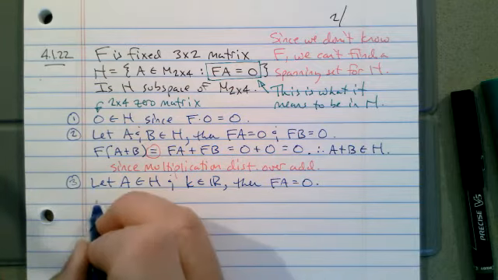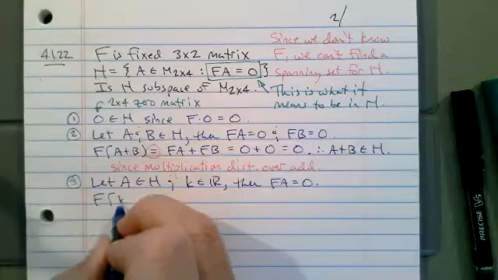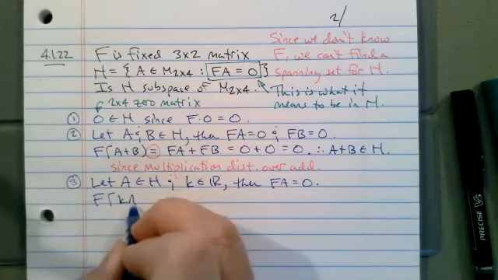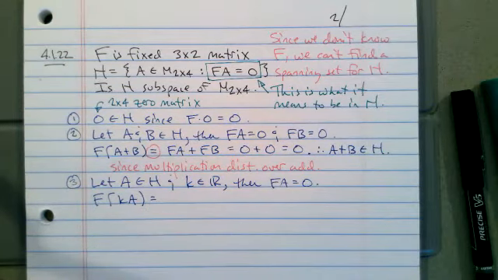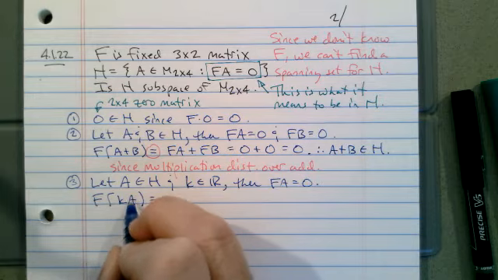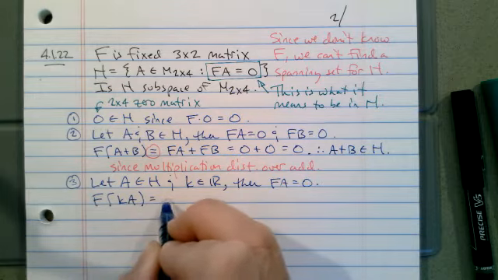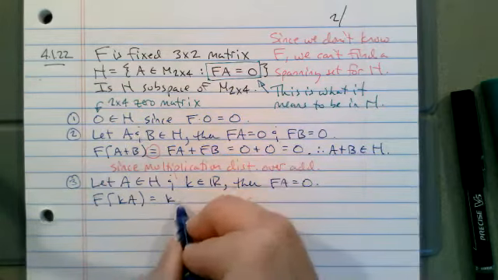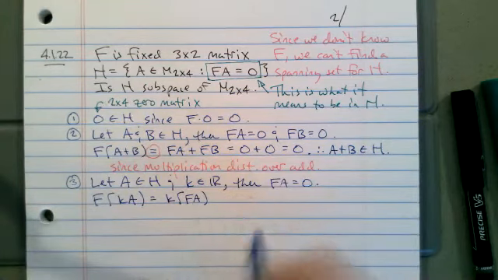So if I do F times KA, properties of a vector space tell me that if I have a scalar multiple of a matrix, I can just multiply the matrices first and then multiply by the scalar.